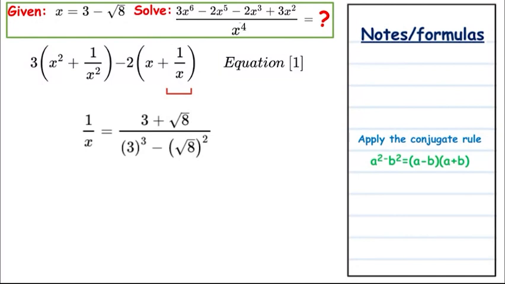We're going to have the 3 plus square root 8 above, that's the conjugate, and then below we have 3 squared is 9 minus the square root of 8 all squared, which is 8. So this works out really neatly, as when we divide by 1 we will get 3 plus the square root of 8.